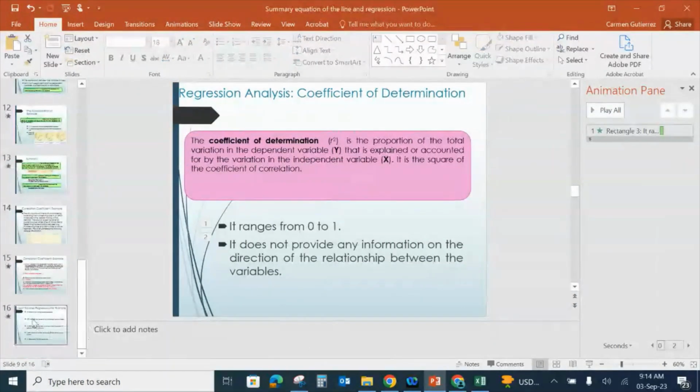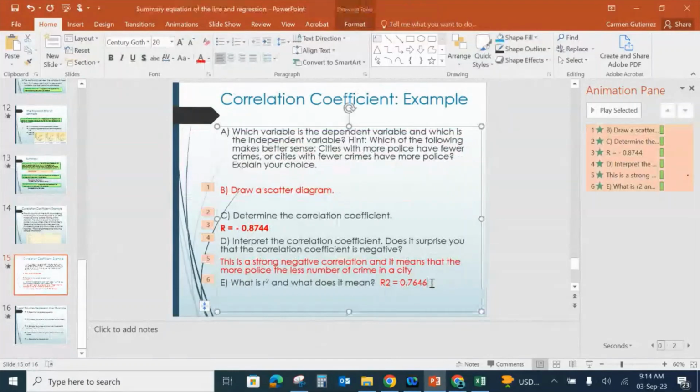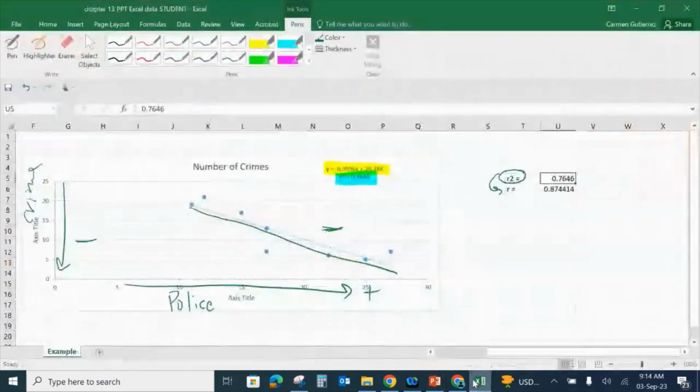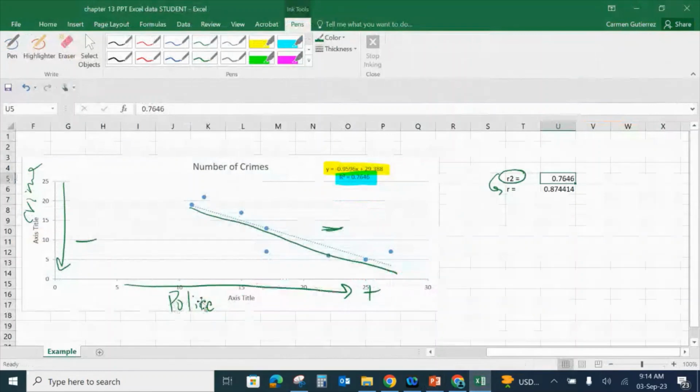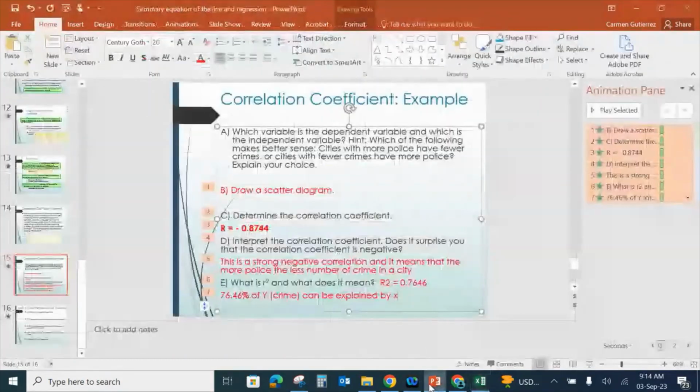All right, so proportion is percentage. So to get percentage, you multiply R squared by 100, and that means that 76.46% of y, which in this case is your crime, can be explained by the x, and the x for this particular exercise was the number of police.